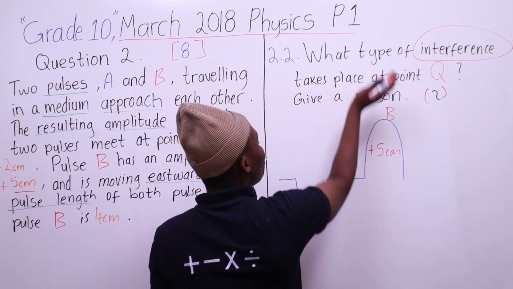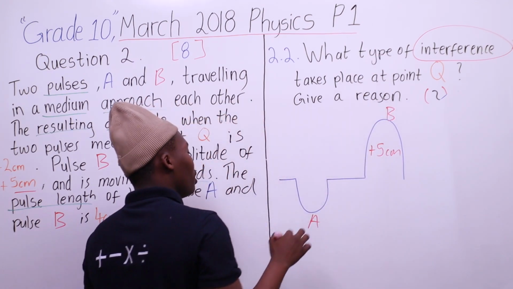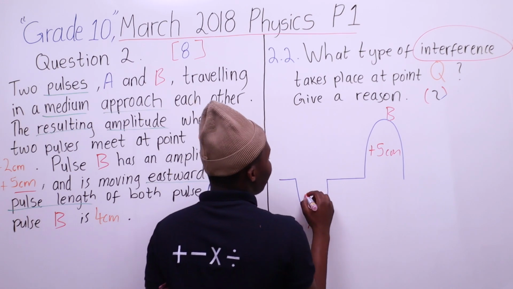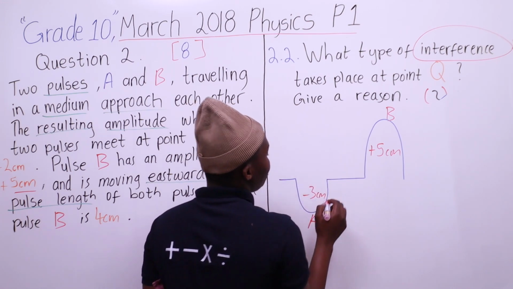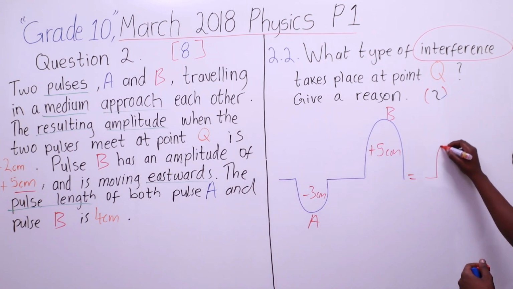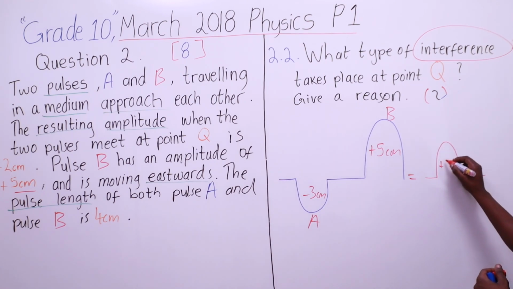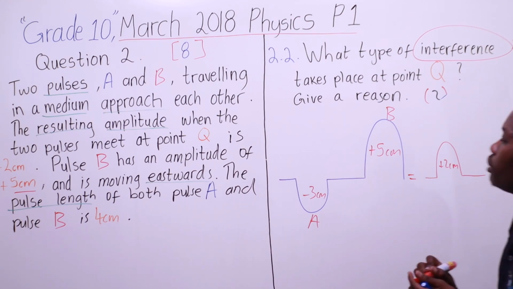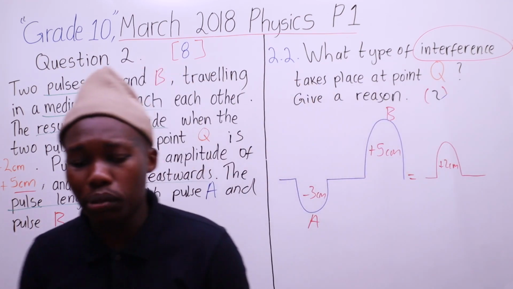To be positive, it is above the rest position. This one is obviously negative 3 centimeters, so that the result is positive 2 centimeters.